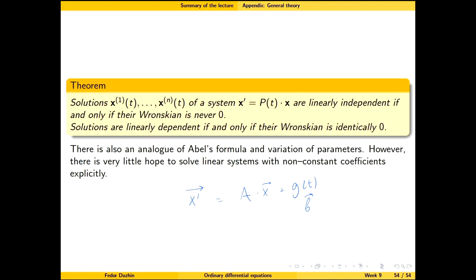So the easy case is when the matrix is constant, but the free term doesn't matter whether it is constant or not. Okay, so that's all for today.